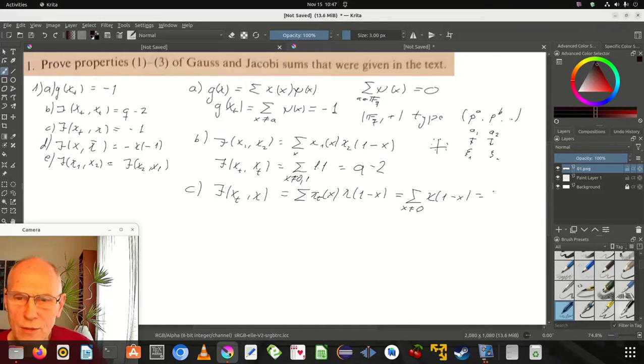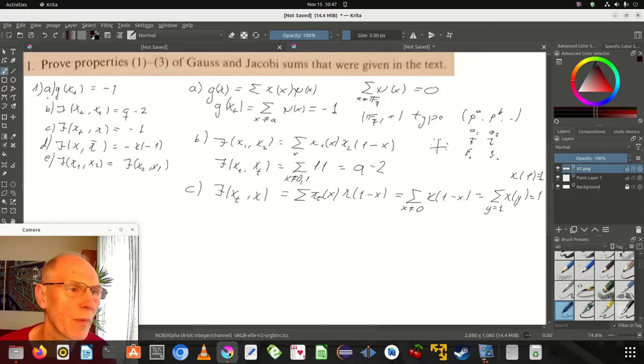So that's the sum of all except y equals unity. And it's the same argument as above, that should give -1, and that's what it says. Good. Because chi of 1 is unity. All right, that was C.